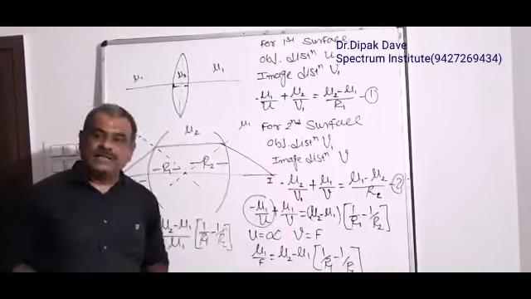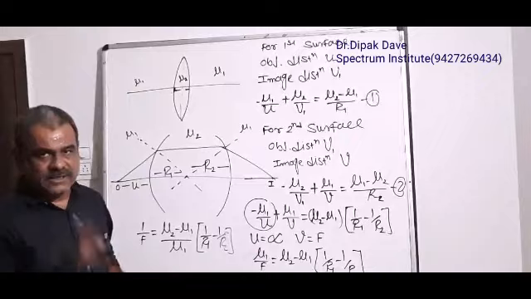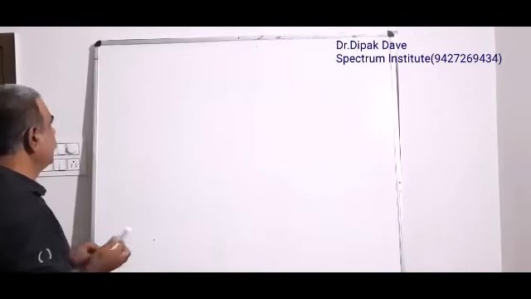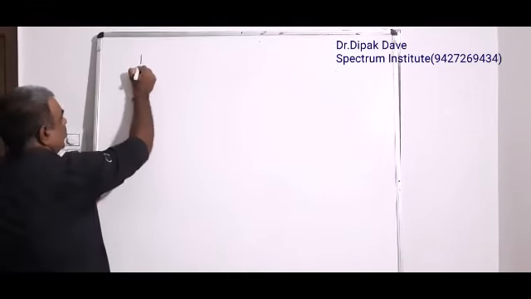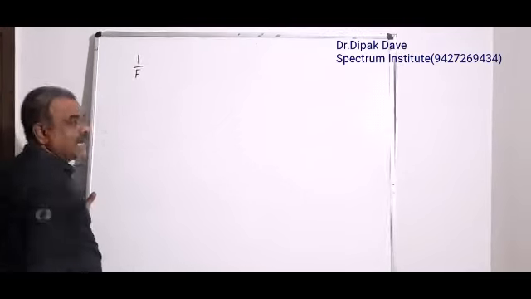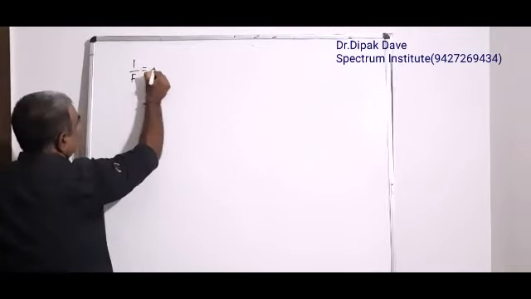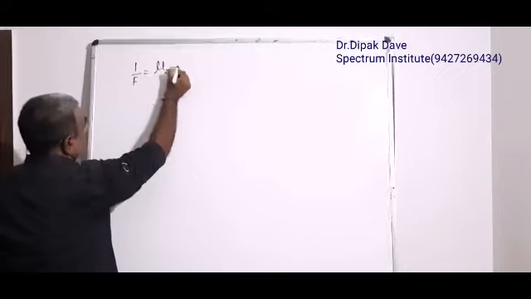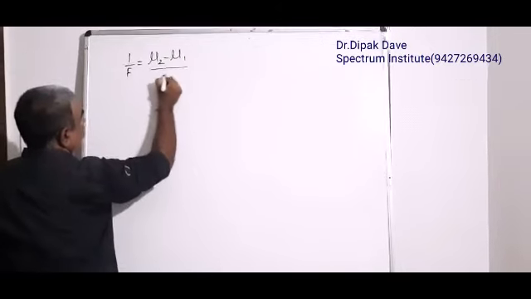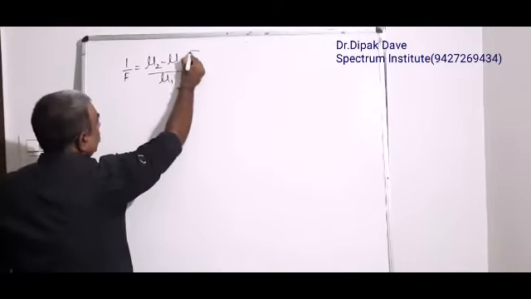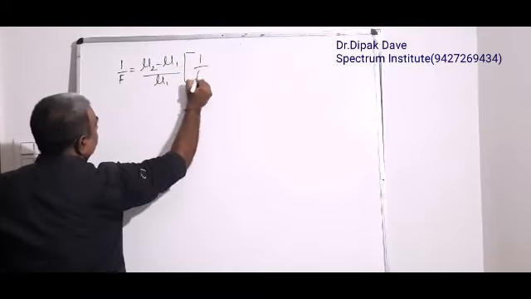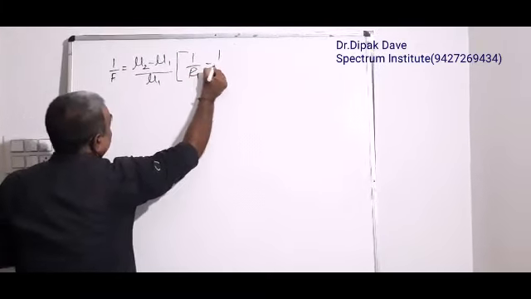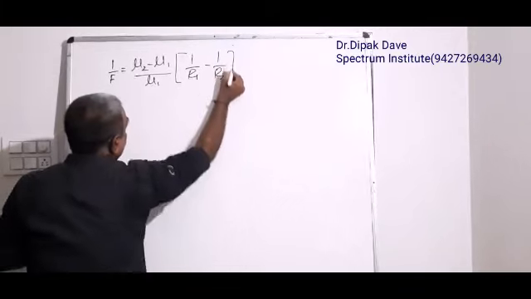This is the lens maker's formula for a thin lens. Yes, we will continue where we ended. Lens maker's formula for thin lens: 1 by f is equal to mu2 minus mu1 by mu1, into 1 by r1 minus 1 by r2.